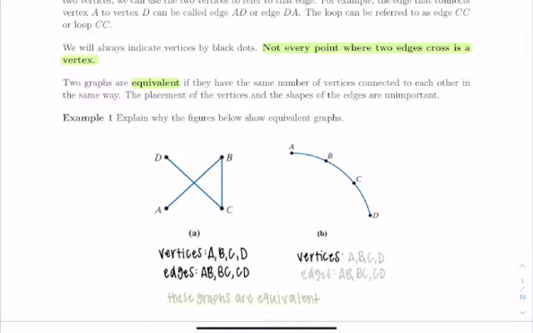Our vertices on this graph are also A, B, C, and D. And our edges, we have an edge between A and B, between B and C, and between C and D. So because we have the exact same vertices and the exact same edges, we say that these graphs are equivalent.